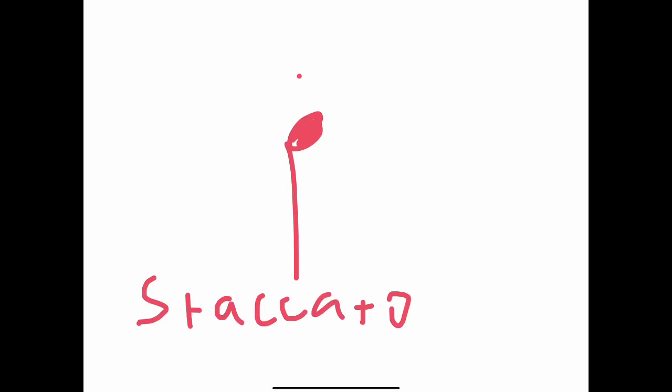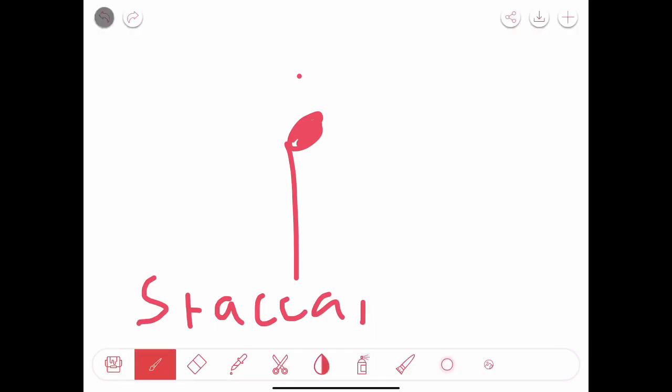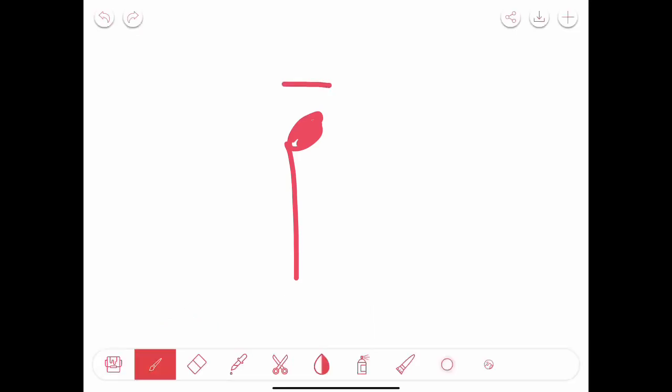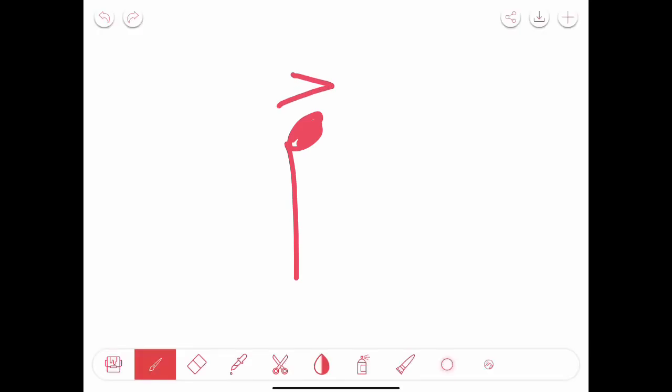So this is staccato, that means short, which is different than tenuto. And tenuto means elongated. If you have this above the note, it means accent.